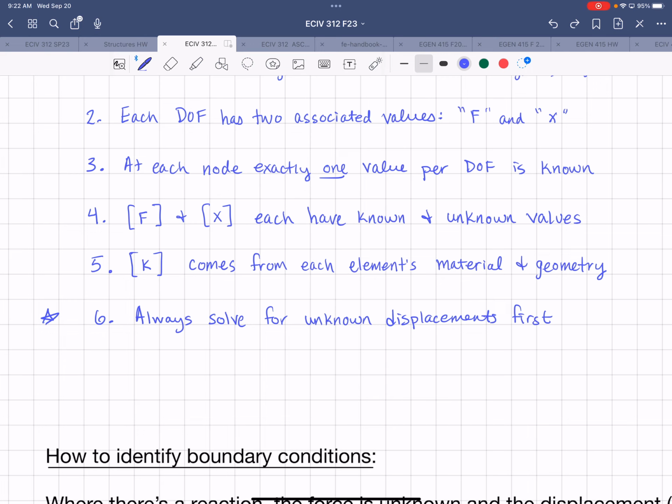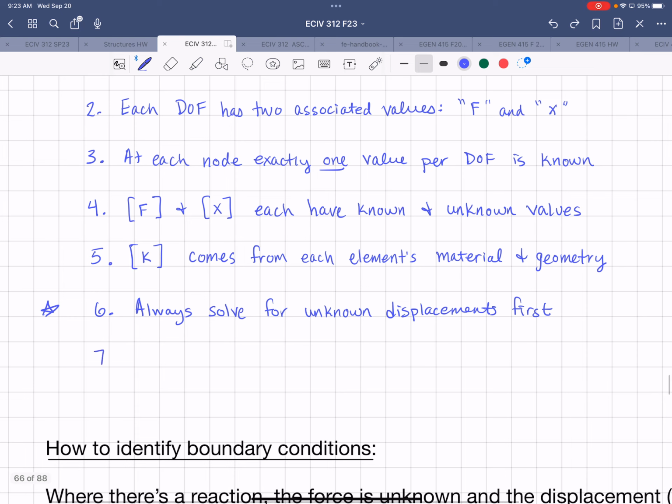Treat them as unknowns for this method, and then at the end, check those values using statics against your results from the finite element method. So I'm going to be reiterating that a lot. And so that leads to the 7th rule. Do not use statics to find the reactions.